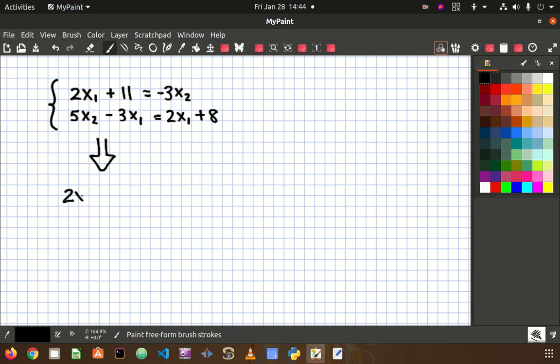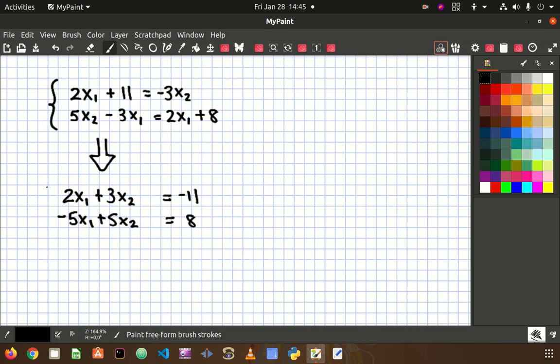So this is 2x1 plus 3x2 equals negative 11. In the second one, I would switch the negative 3x1 and the 5x2 positions. I would also subtract 2x1 from the other side, making it negative 5x1 plus 5x2 equals 8.